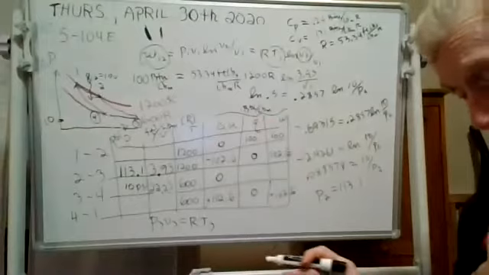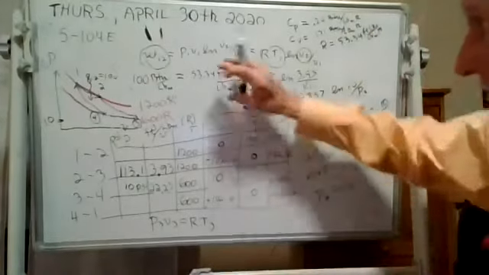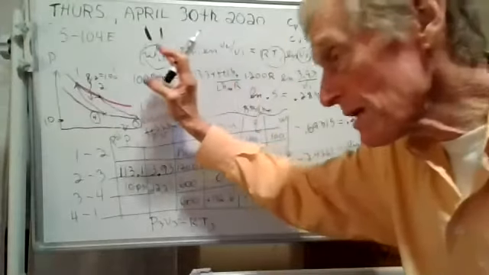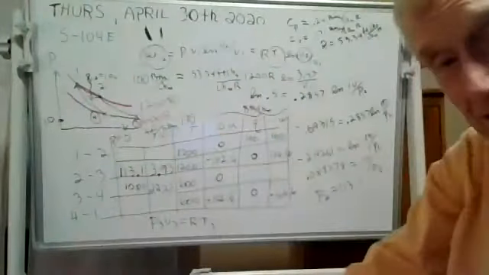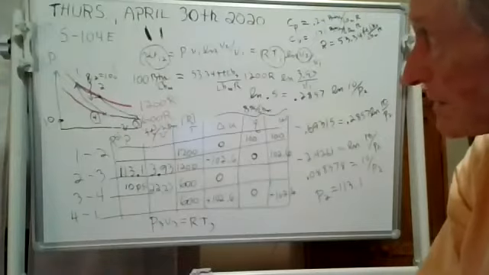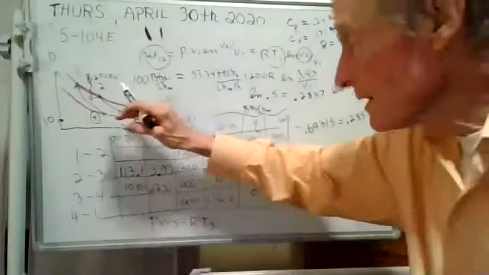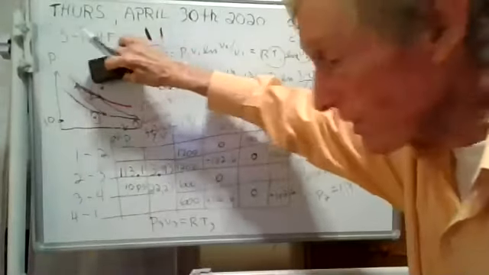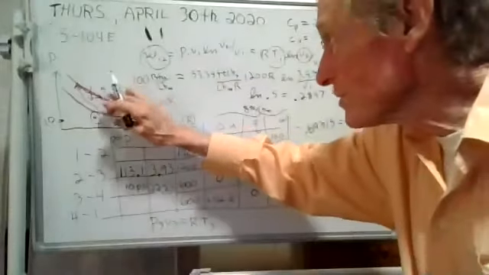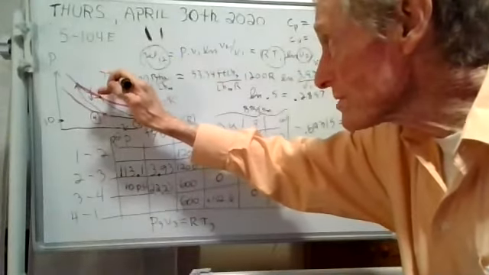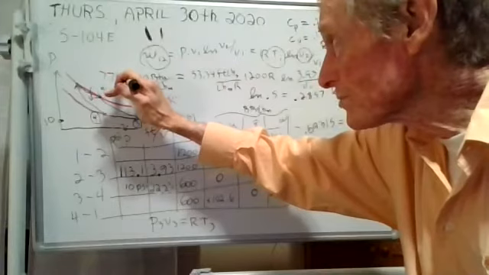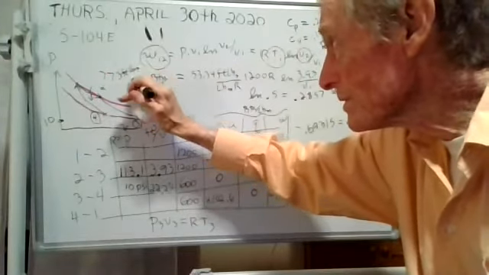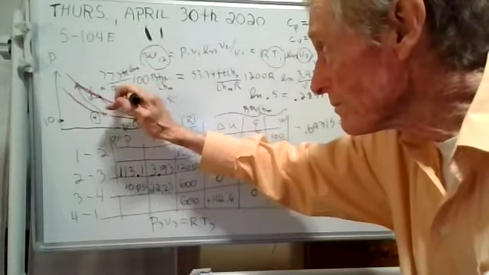Guys, here's a rule. Whatever the units are on the right-hand side of an equation has to be the same units on the left-hand side of the equation, and they aren't. But we can get it that way. See, a BTU is 773 foot-pounds force per BTU.